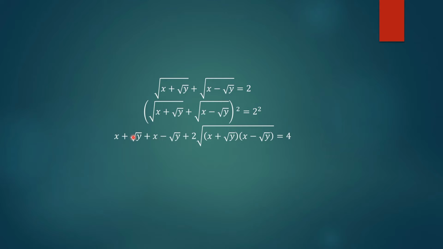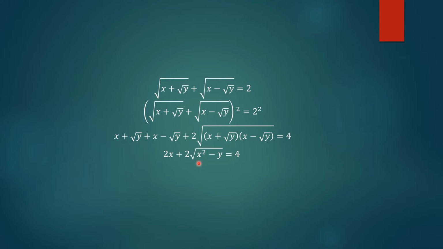Simplifying this expression, we realize that x plus x will give us 2x, and root y minus root y goes to 0. And we also simplify this expression, which is a difference of two squares. So we have here x squared minus y. So we have our 2x plus 2 root of x squared minus y equals 4.